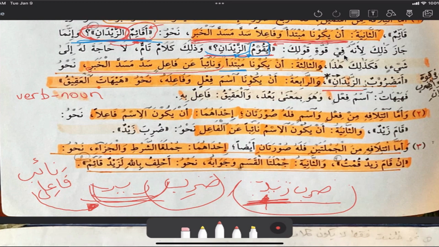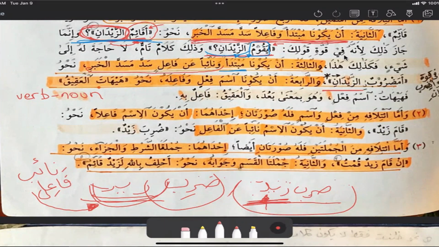So one would say, how do you know it's not a fi'l then? When you say it has the meaning of a fi'l, what does that mean? There's three types of fi'l, right? There's madi, or mudari', or amr. So when you say it has the meaning of a fi'l, it means exactly that. It's going to mean a madi verb, or a mudari' verb, or an amr, a command verb.